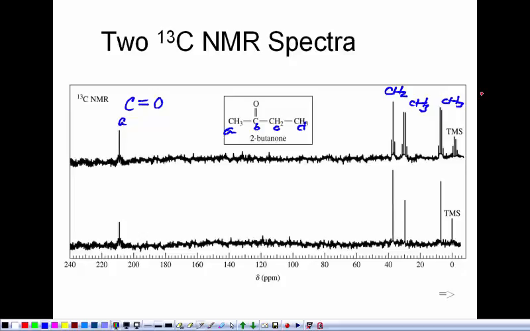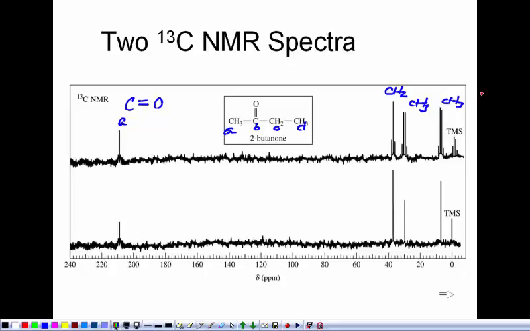So that's what we use this undecoupled spectrum for, basically for identifying the pieces. The limitation on this is that if it took me thousands of scans to get a signal, and then that small signal all of a sudden gets split up into 4 signals, those 4 signals become really small.